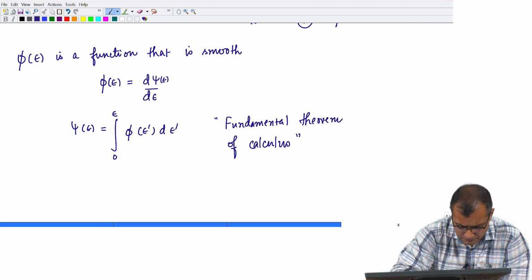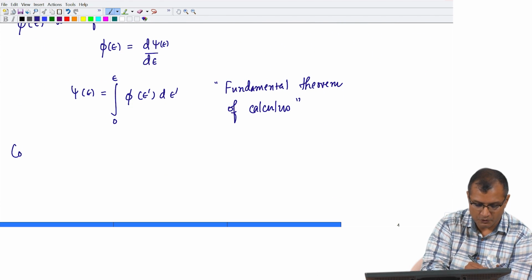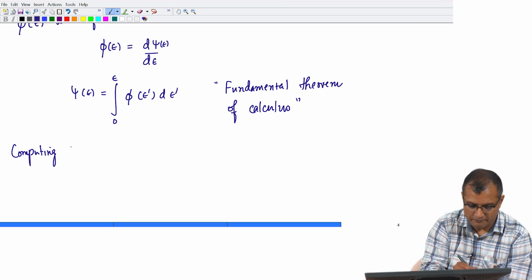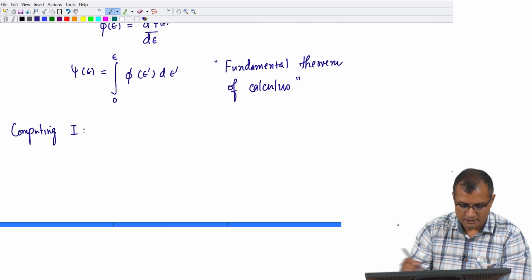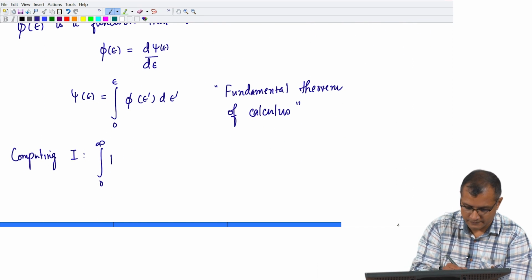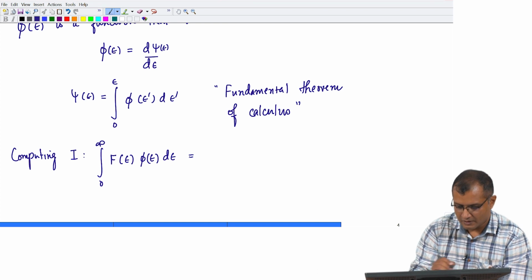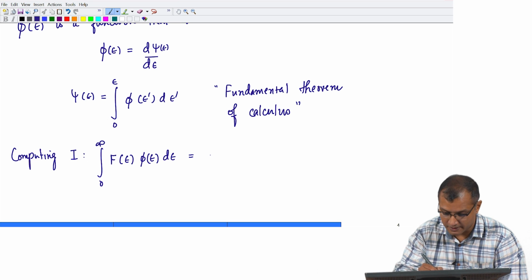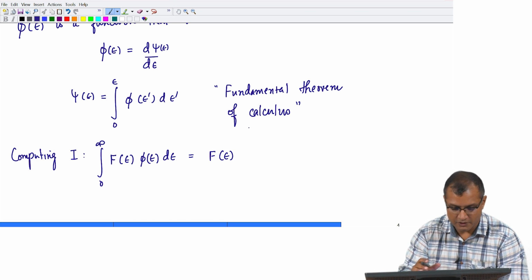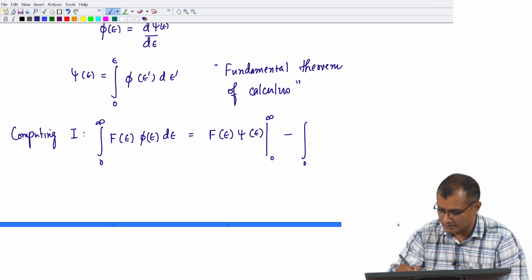So now I can do the following. I can compute the integral I. So, I can write down integral I as 0 to infinity, I am going to write down the Fermi function first and then write the function phi of E. So, if you do it by parts, then it becomes simply the Fermi function into integration of phi, which is nothing but my function psi, and the limits here are 0 to infinity, minus integration of the derivative of the Fermi function into psi.